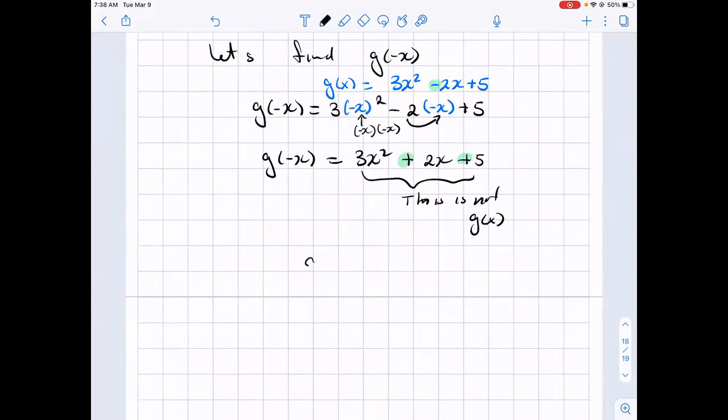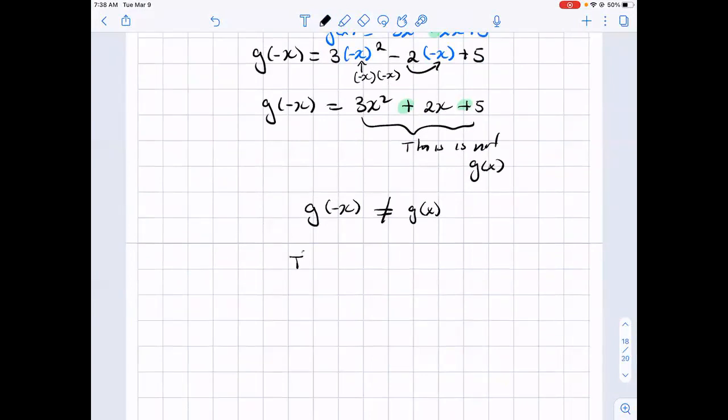So g of minus x does not equal g of x. This is not an even function. Okay, so those are some of the things you will see.